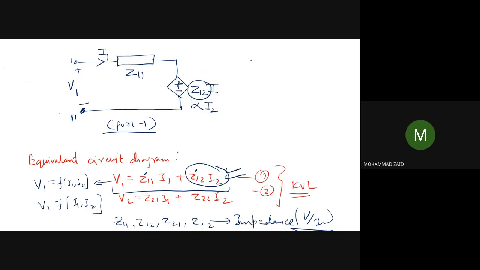Quickly I can draw it like this. This is port 2. This is Z22, plus minus, a dependent voltage source, and the voltage source is dependent on I1, Z21 I1. This is modeling of the system. We are modeling this system.